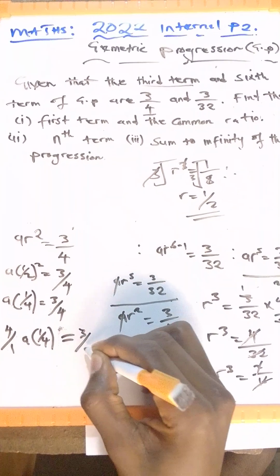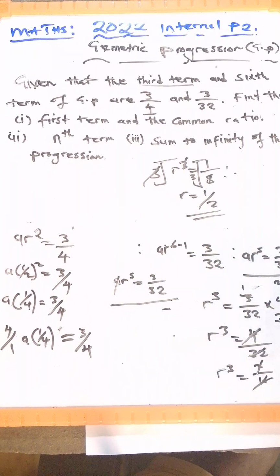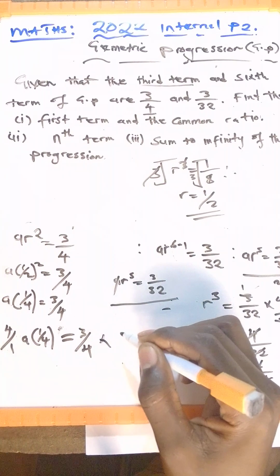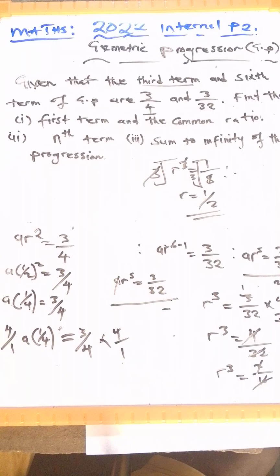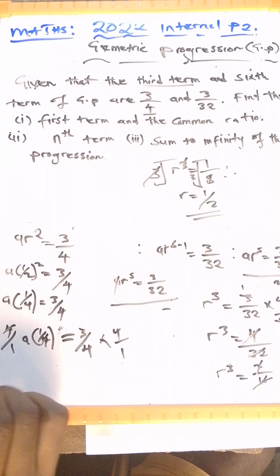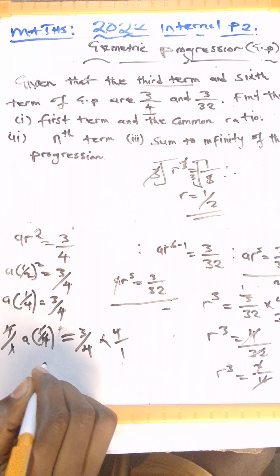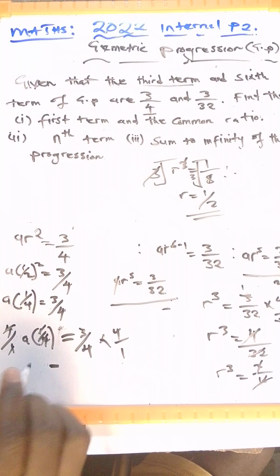So now I will get 3 over 4. Then what I did here should come this side, so 4 over 1. So this 4 and this 4 will cancel. This 1 and this 1 will cancel. Then I'll remain with a as my first term.